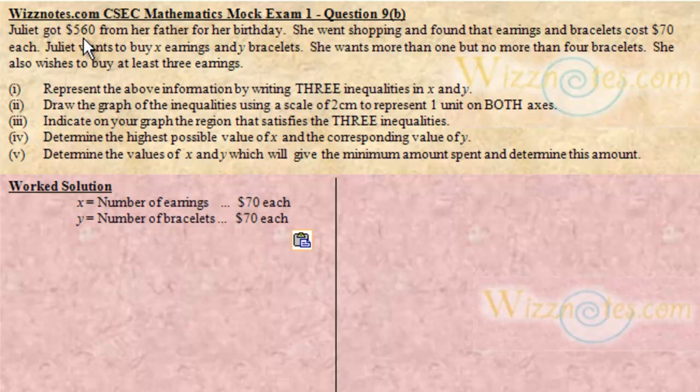So therefore we know she cannot spend more than $560. She can spend less than $560, or she can spend the $560 but not more. So the total amount of money she will spend, which is the money on the earrings plus the money on the bracelets, will have to be less than or equal to $560.